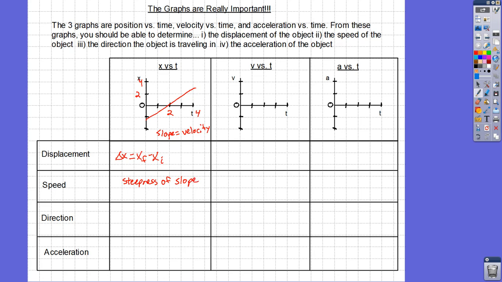A horizontal line is 0 slope, so that's 0 speed, it's not moving, position remains unchanged, and the steeper it is, the more distance it's covering each second. So the direction, remember, we're thinking of an object moving along a number line, so our two directions are positive and negative. So the direction is the sign of the slope.